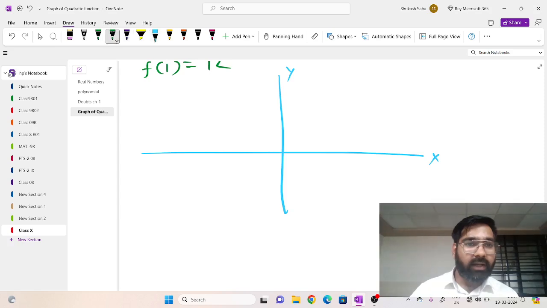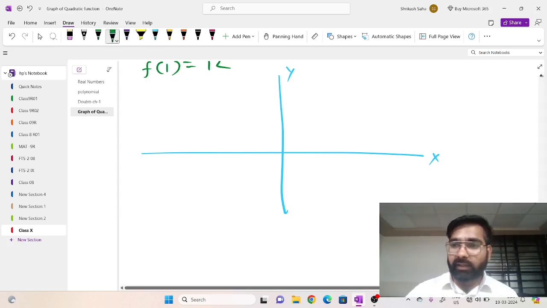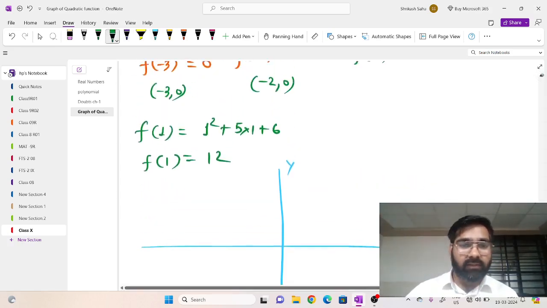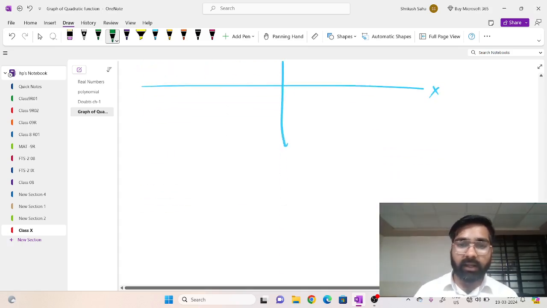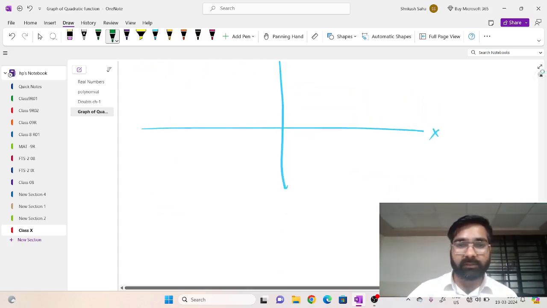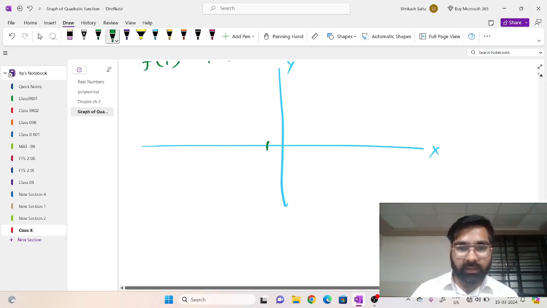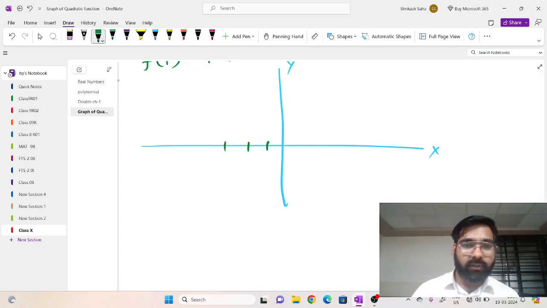As we know very well, the values of x for which y is 0 are minus 3 and minus 2. They are on the left-hand side of the origin. So minus 1, minus 2 and minus 3. So it is 0 for minus 3 comma 0 and minus 2 comma 0.